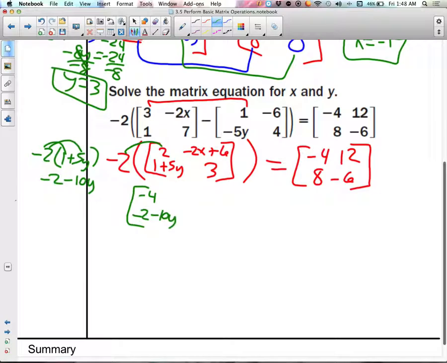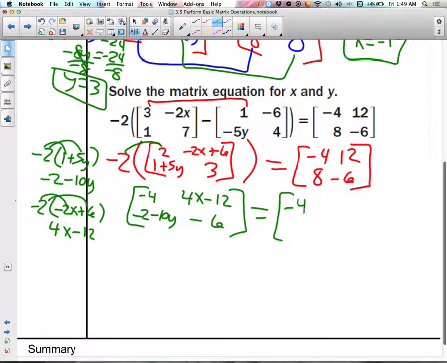Then we'll go negative 2 times negative 2x plus 6. That gives me 4x minus 12. And then negative 2 times the 3 is negative 6. And that should equal negative 4, 8, 12, and negative 6.